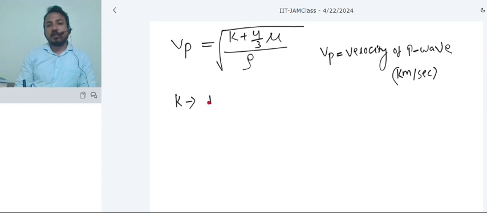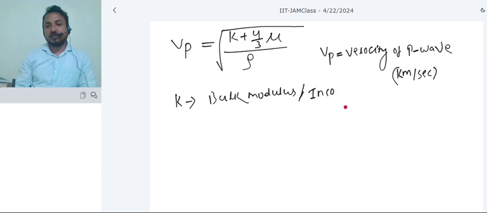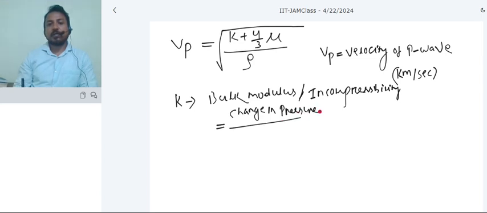Then K is your bulk modulus, or you can say incompressibility. Bulk modulus is change in volume.